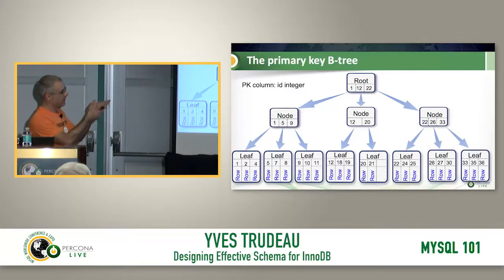But as your table grows, you have a few levels there. It's very rare to have more than 3 or 4 levels. You need a big table because the fan out is large. So here you have the primary key value and the row, which is all the other columns.